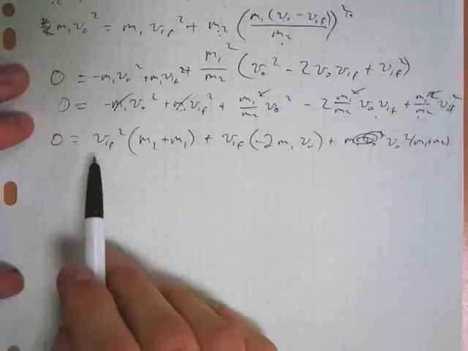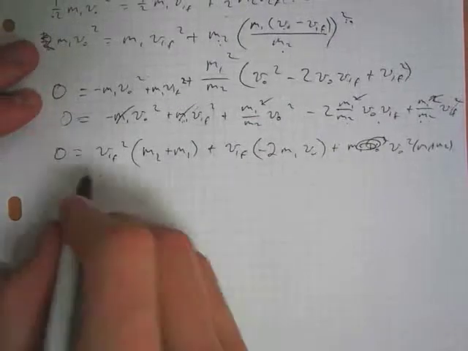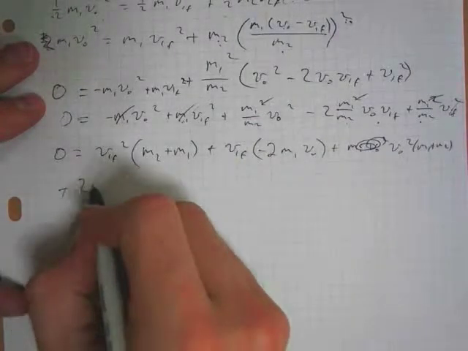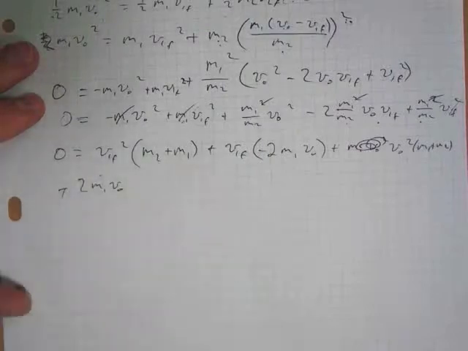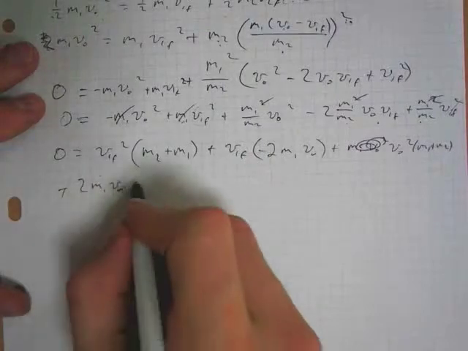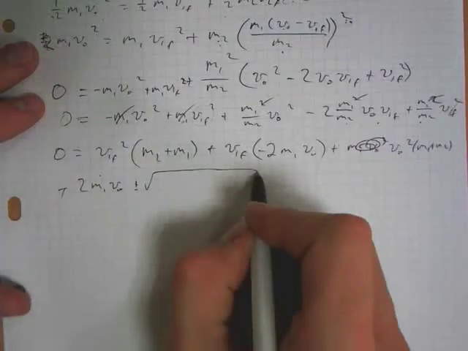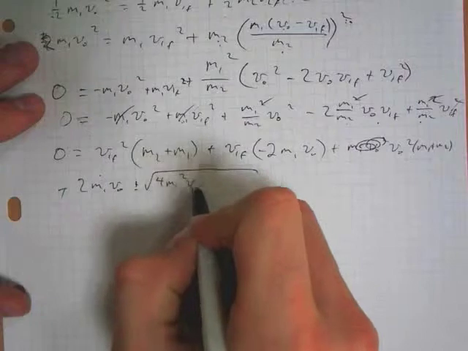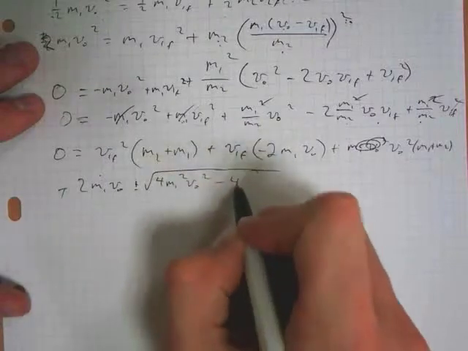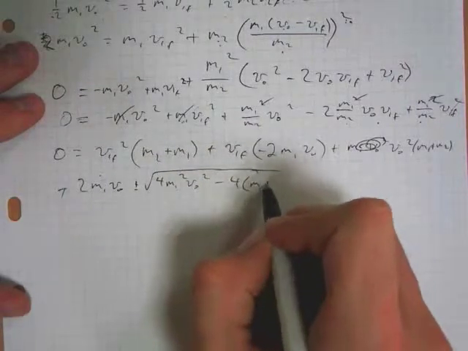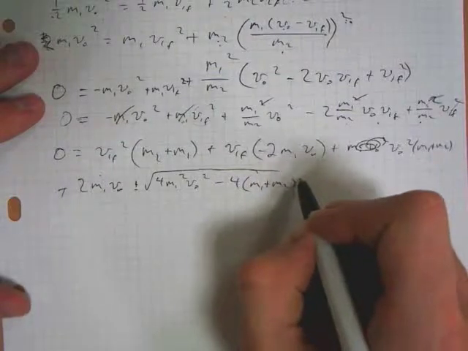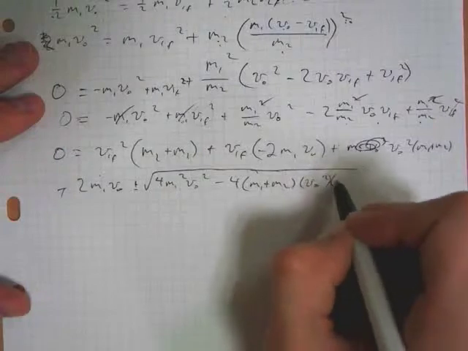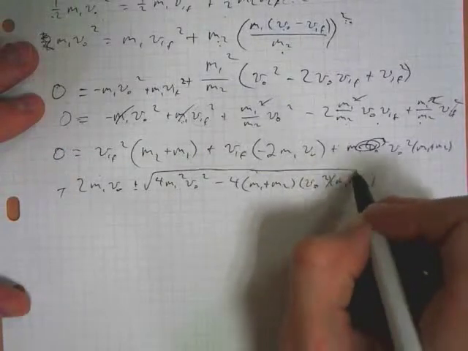This is a quadratic in v1 final. So to solve that, we go negative b, so negative negative, so that's 2 m1 v0 plus or minus the square root of b squared, which is 4 m1 squared v0 squared, minus 4ac, which is all of that.